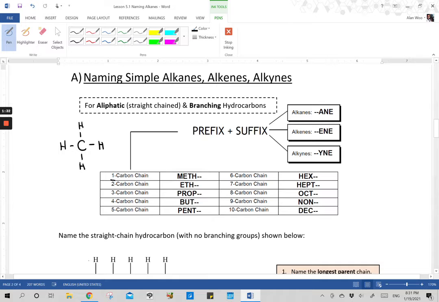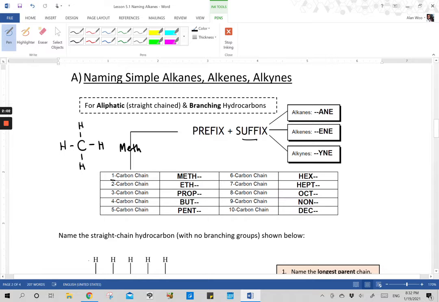Prefix means beginning, so the name begins with meth. To figure out the ending, the suffix, we have to see whether this hydrocarbon is considered an alkane, an alkene, or an alkyne. To do that, we look at the bonds associated with the carbon. Since the carbon contains all single bonds, it is an alkane.